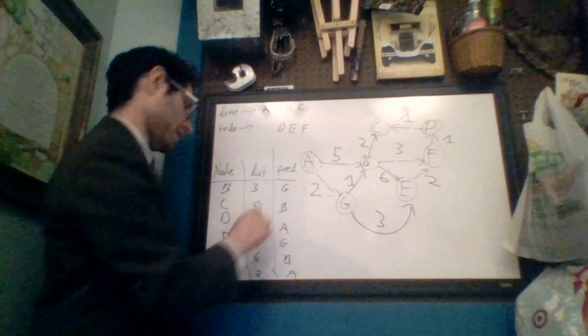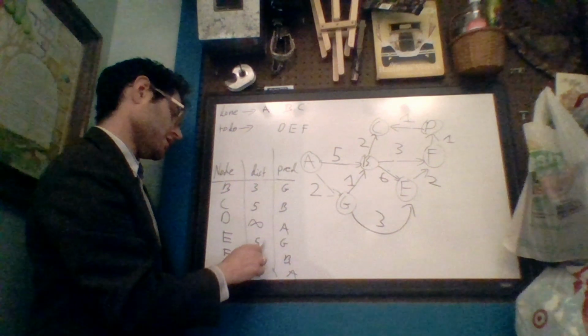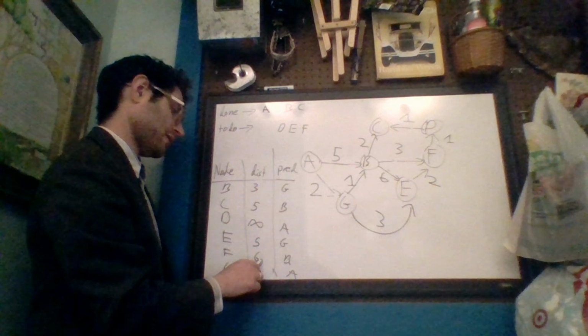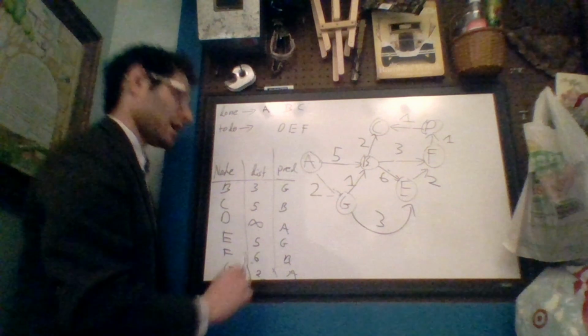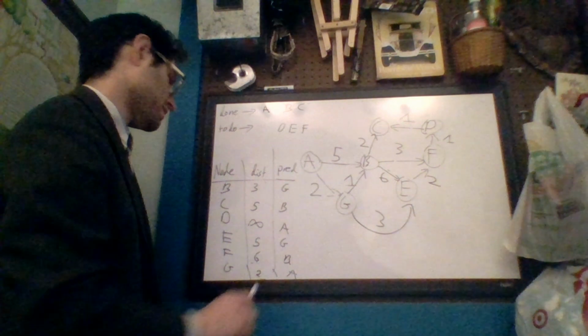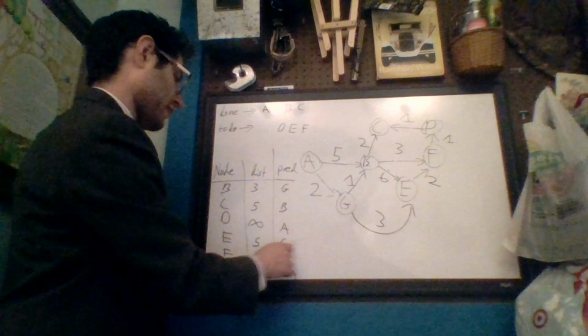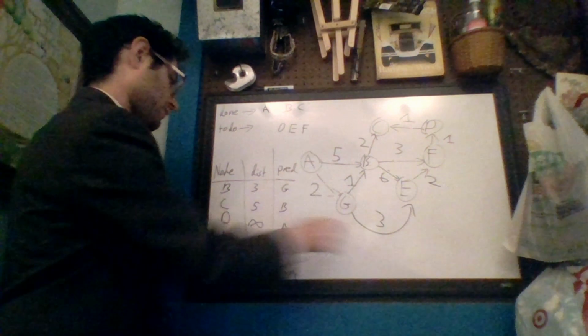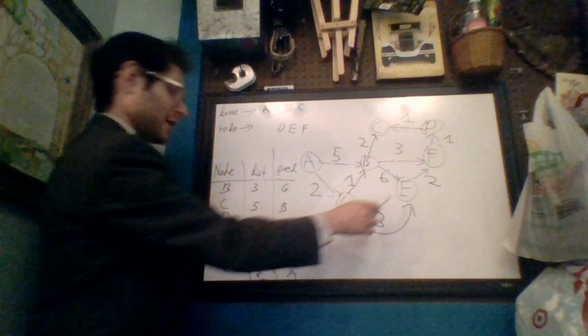So let's go ahead. D, infinity, E 5, F 6, right? This is the cheapest option. So to get to E, the cheapest way was by going through G, for a cost of 5. Now let's look at all the outgoing edges from that.